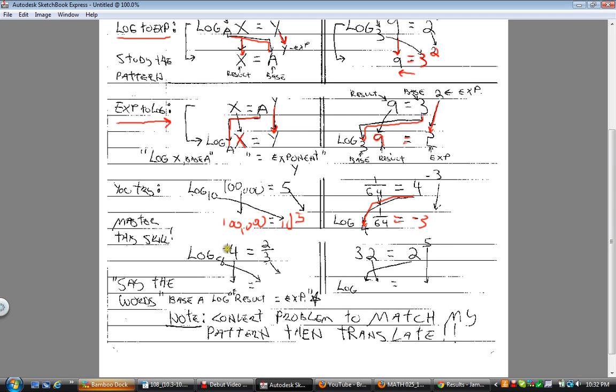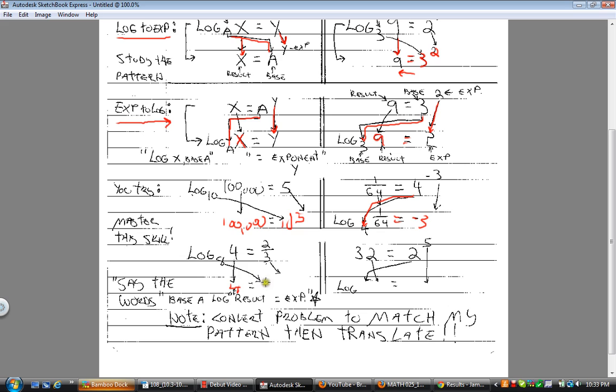Let's try one more, converting from log to exponential format. This says log base 8 result 4 equals exponent 2/3. Again, when I start that, I start with the result, and squeeze that in there.